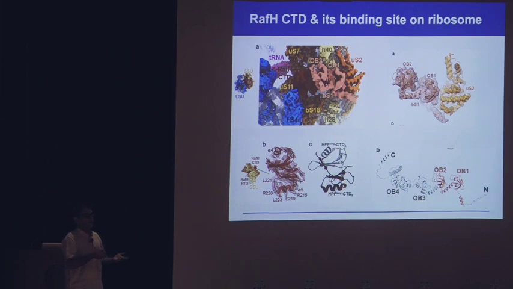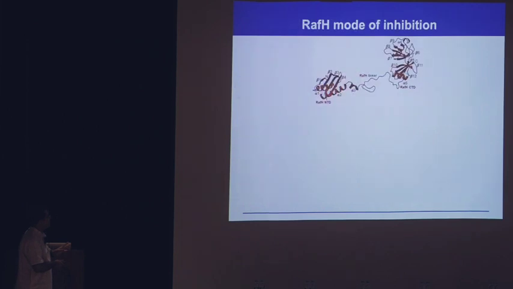So there is no scope for it to further dimerize. That was the reason it cannot further dimerize, so it cannot hold the 70S, so it cannot form the 100S, right? So that is what the structure has revealed, that this is the basis of not forming the dimer. Okay, this is how it looks overall.